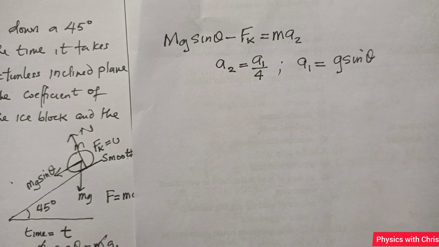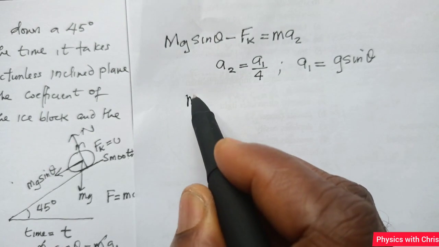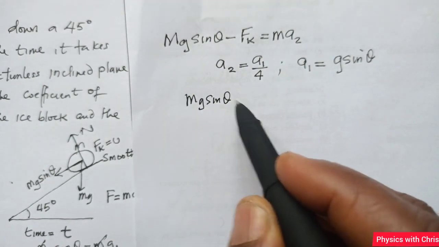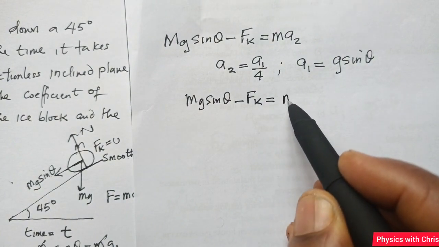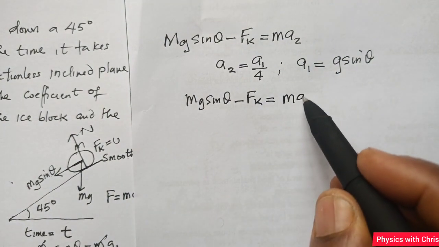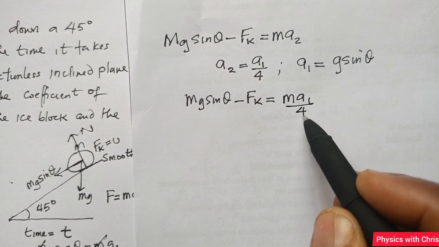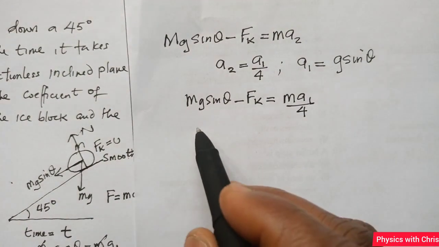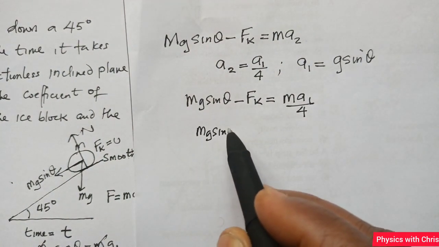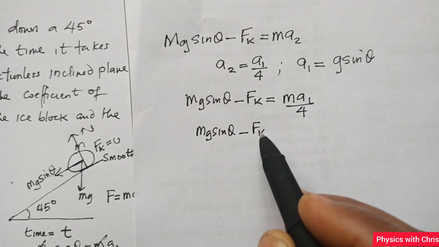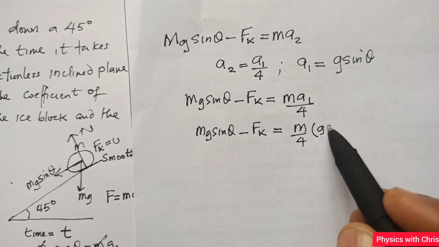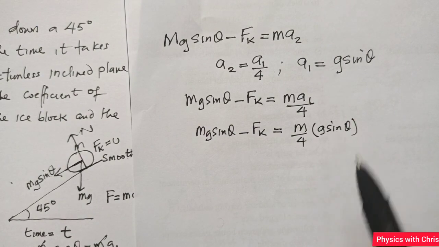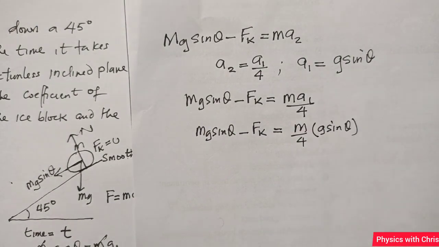Now, I'm going to make substitution for A2 and A1, so that I have mg sine theta minus fk equals m, and my A2 is A1 over 4. So I have mg sine theta minus fk equals m over 4 into g sine theta, because I already know that my A1 is g sine theta.